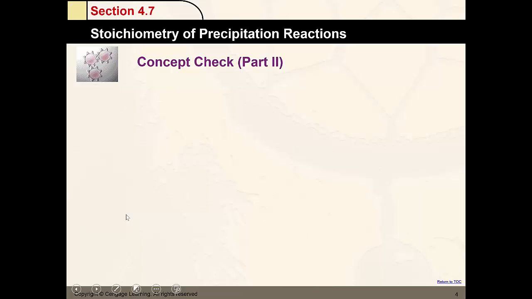So now that we have that balanced equation, now we can determine the mass of the precipitate. So for each one of our reactants, we have the volume and the concentration. So we need to make sure we multiply the volume in liters.